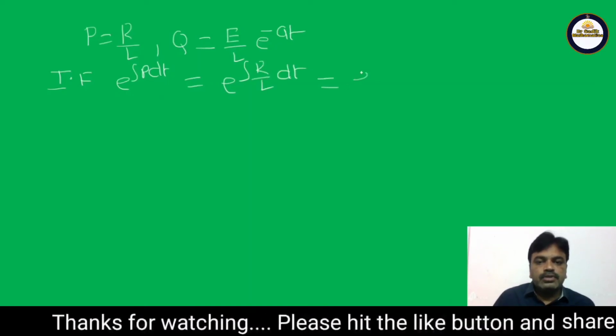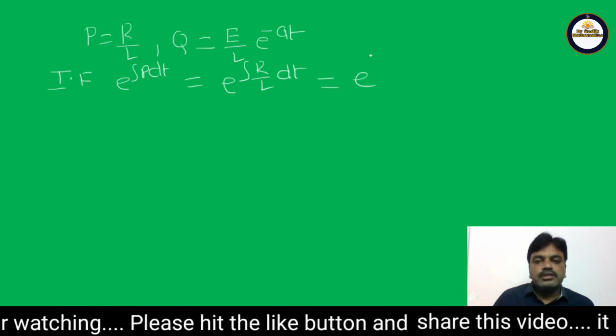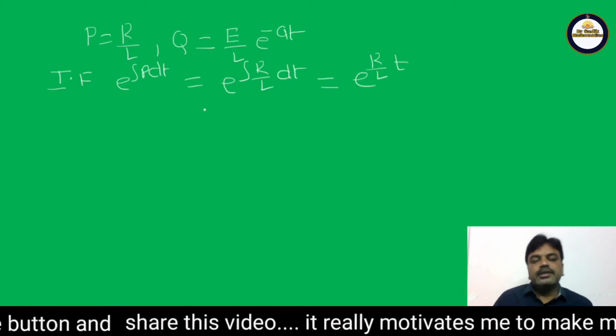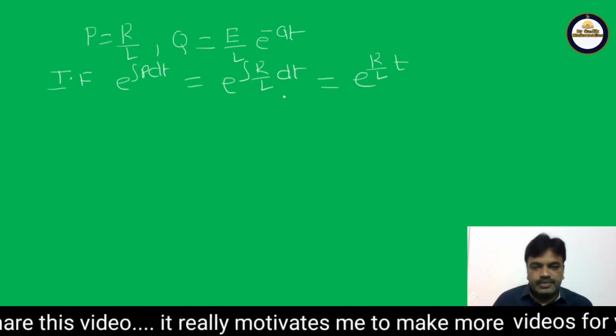R by L is constant, so it is e power R by L into t, since the integral of dt is t.